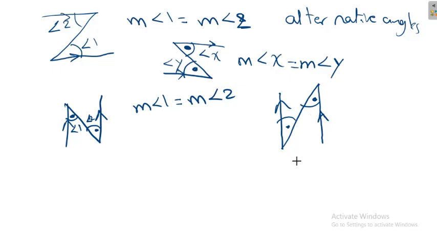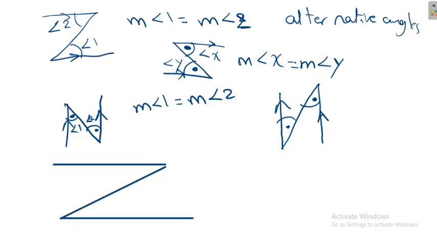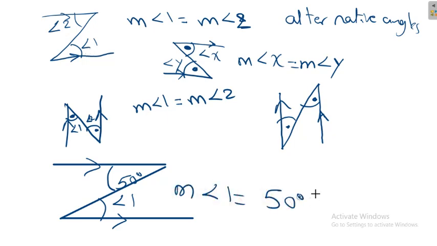Okay, so if we have two lines like this, and these two lines are parallel, one angle is 50 degree, so measure of angle 1 will be 50 degree.